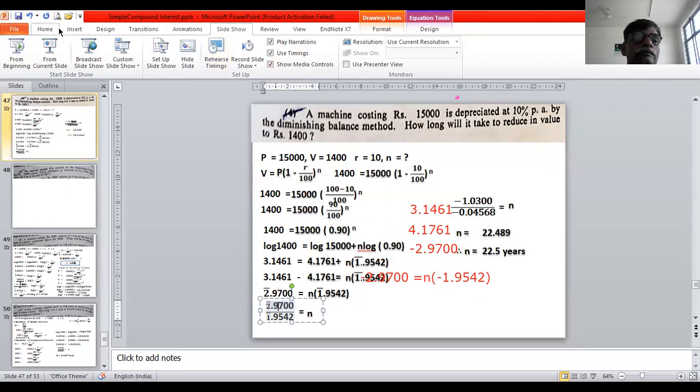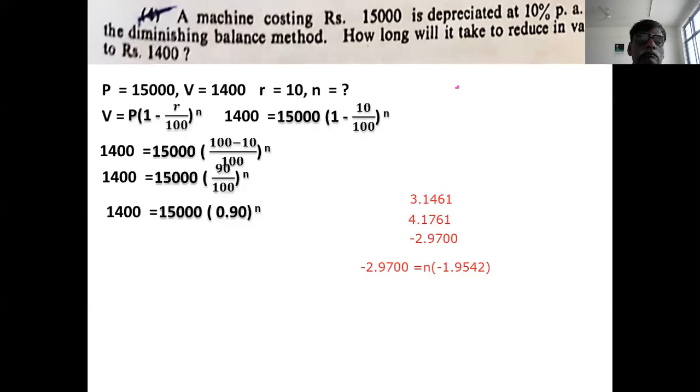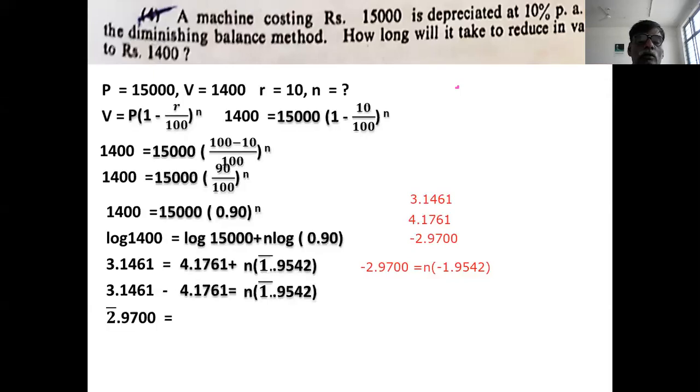Okay, you see now. 2.9700 is equal to, this is the answer. Then you take the multiplied value with the n to that side.